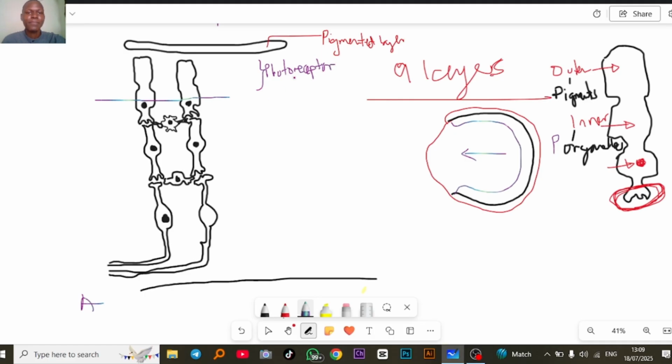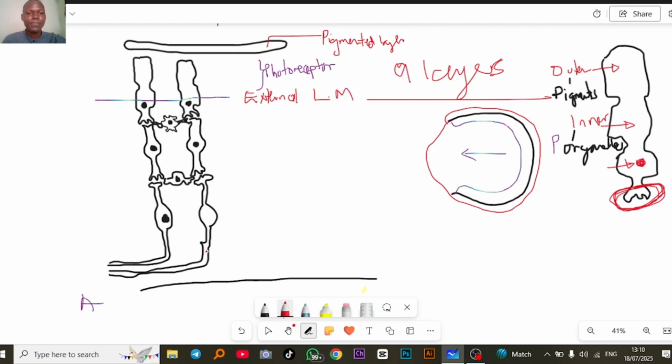Then this line here, which separates the inner segment from the cell bodies where we have the nuclei, is known as the external limiting layer, or you can call it the external limiting membrane. So that's our layer 2.